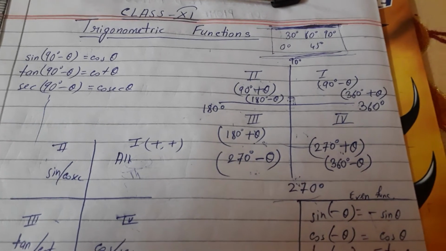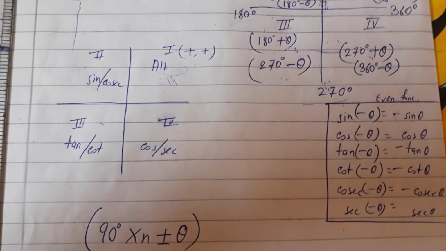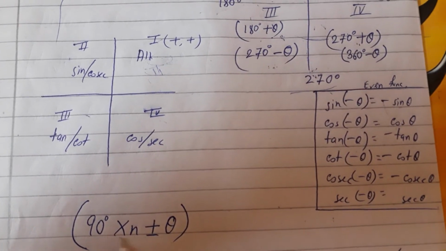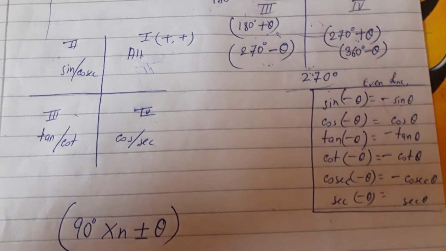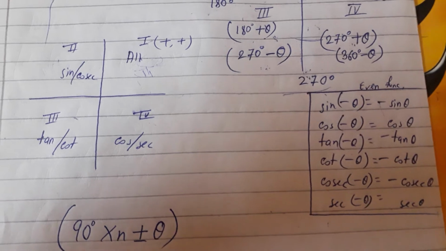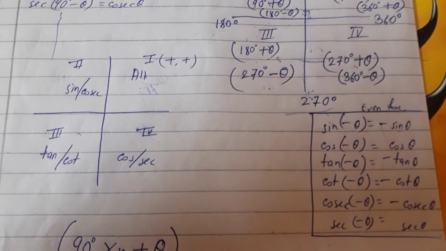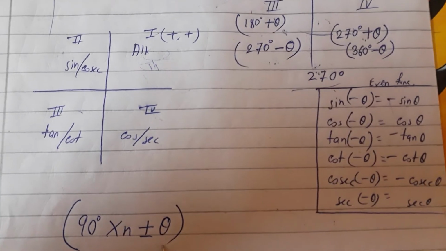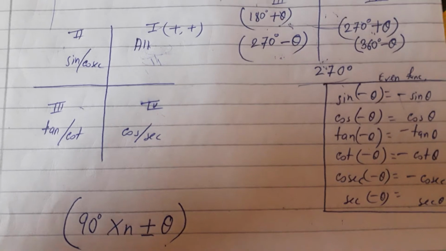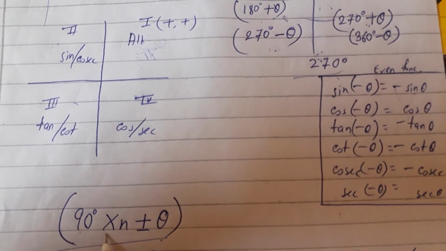Now see, whatever the angle given to you, you have to write the angle in this format: 90 into n plus minus theta. Theta may be any angle, it may be 30 degrees, 45 degrees, 60 degrees, that you learned in class 10. So theta may be any angle, but you have to write the angle in this format, 90 into n.